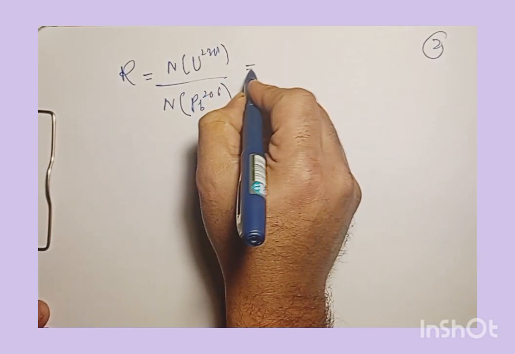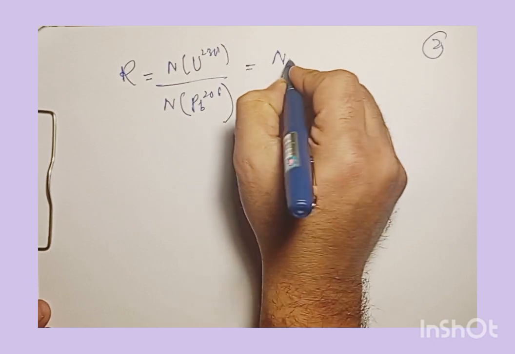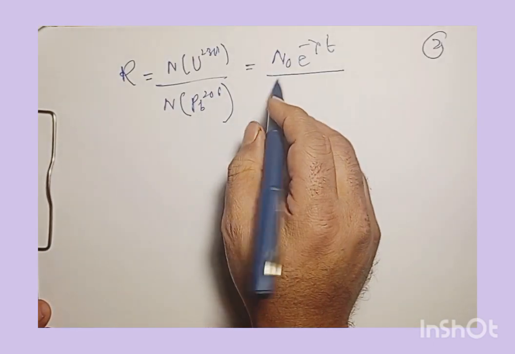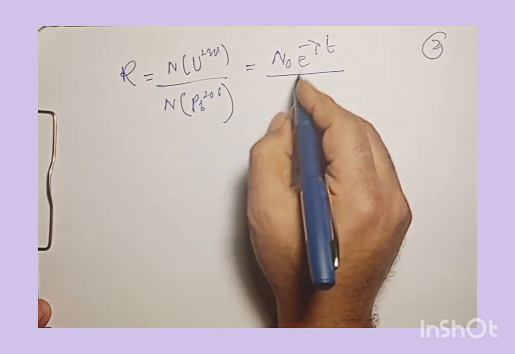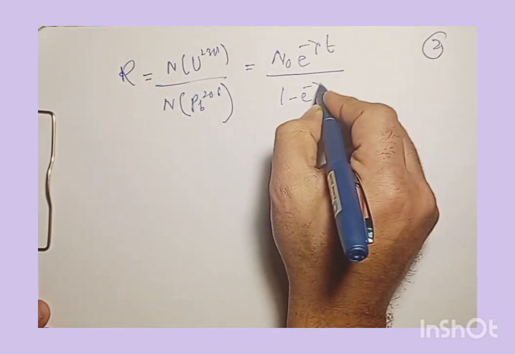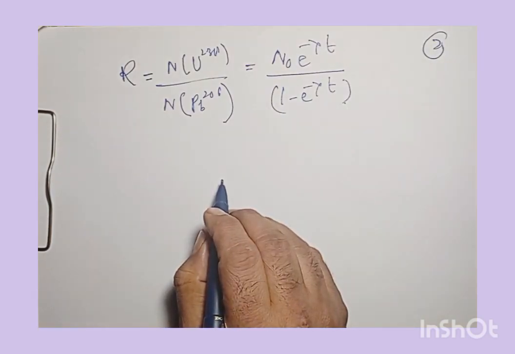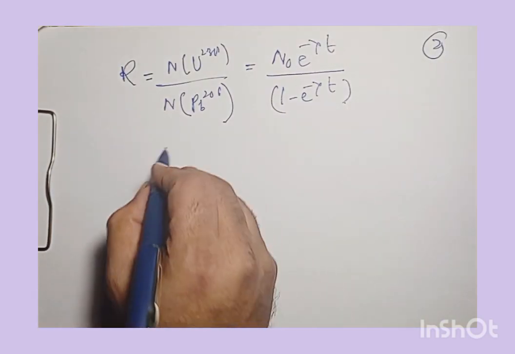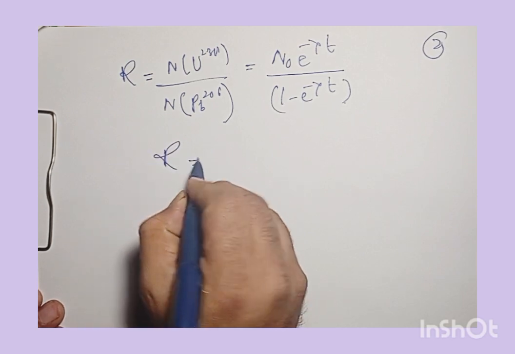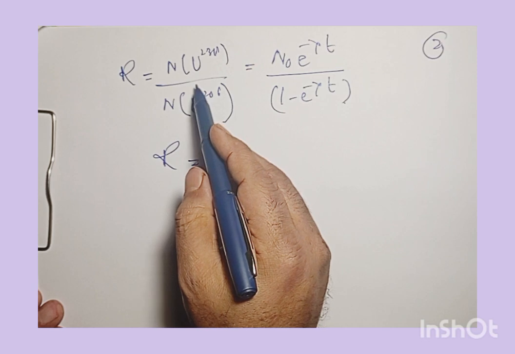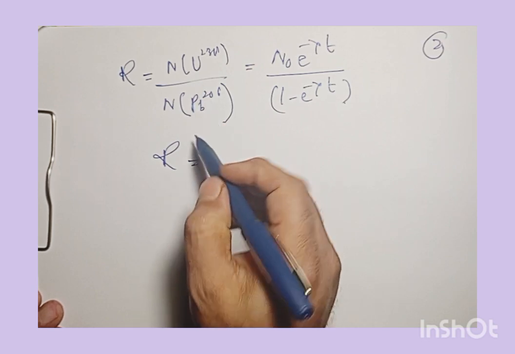So for this we have N0 e to the power of minus lambda t, divided by 1 minus e to the power of minus lambda t. This R is giving us the ratio of uranium atoms and lead atoms in a given sample.